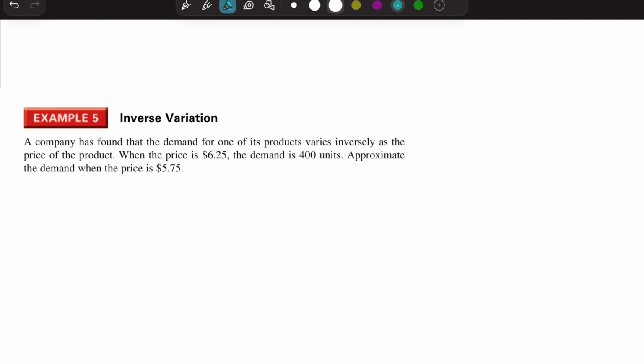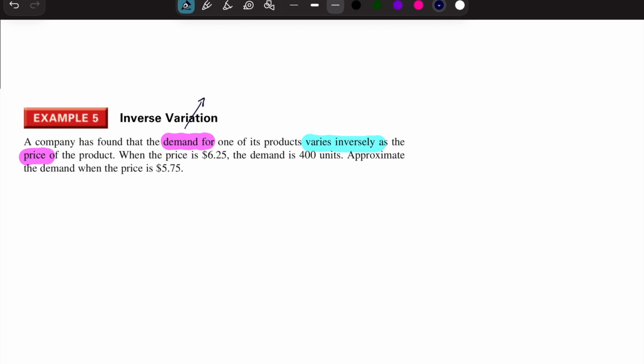Company has found that demand for one of its products varies inversely as the price. Okay, so this is basic economics. So demand varies inversely as price. Just come up with variable names.